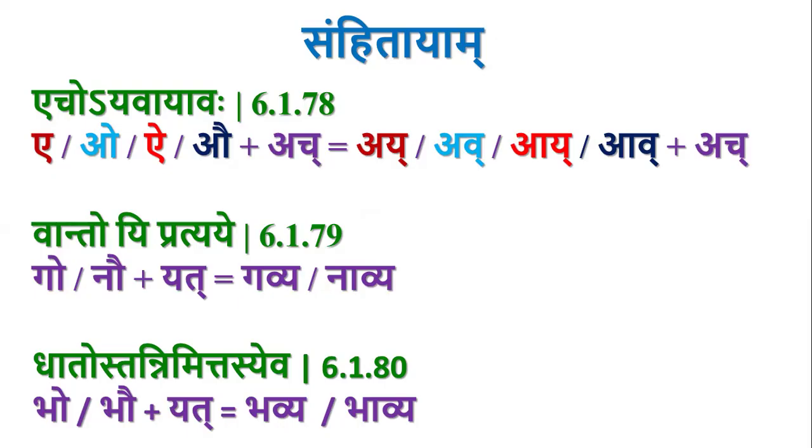Otherwise, Vanta Deshas cannot be substituted there. So let us imagine ourselves in the position of Panini Maharshi. We are trying to formulate the formulas, and we have formulated these sutras: Echo yavayavaha, vanto yi pratyaye, dhatos tannimittasyaiva.